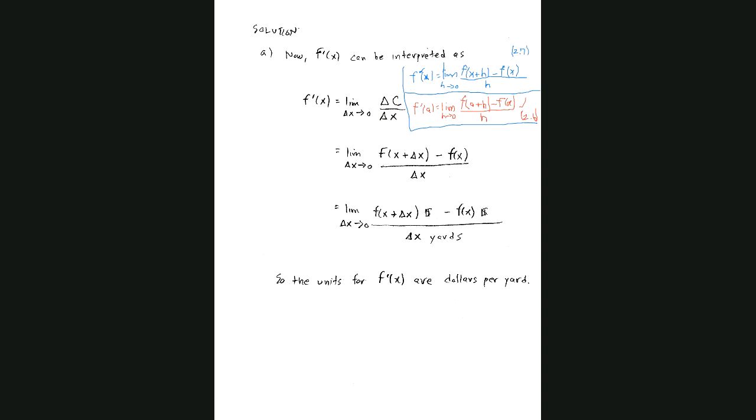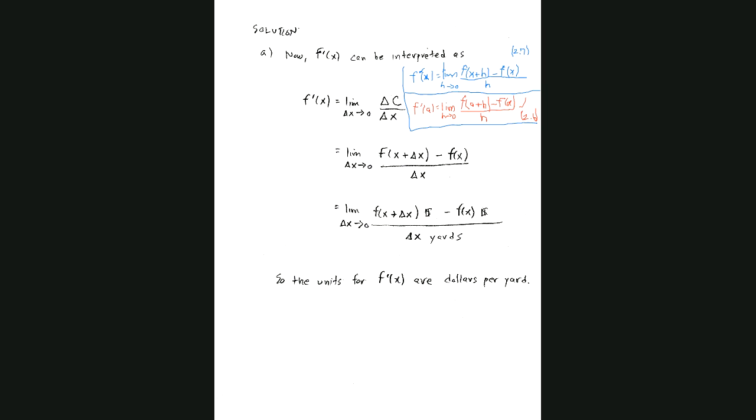But I can compute f prime of x the same way as I compute f prime of a. In the end, my derivative will be a function of x. That's the jump that you make in section 2.7. So if you're good with computing derivatives in section 2.6, you ought to be good with 2.7.